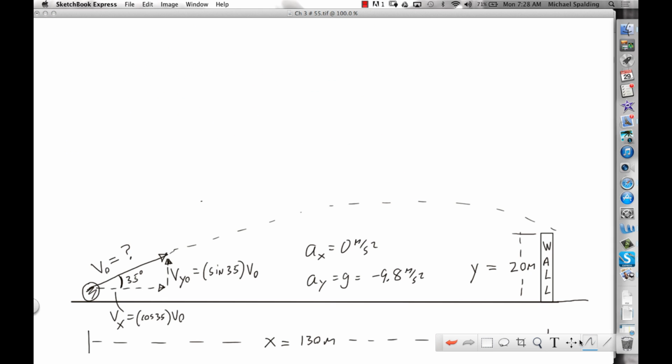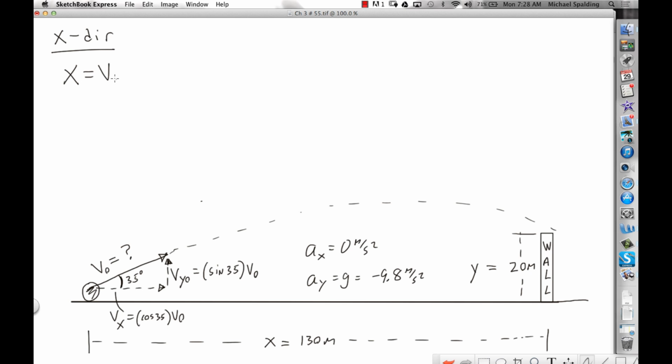All right, so the key to the problem is you have to write an equation for the x direction and the y direction. So what could we say about the x direction? Well, there's only one equation for the x direction. X equals vxt, right? And one thing to be aware of, the thing that connects the x direction and the y direction is time.